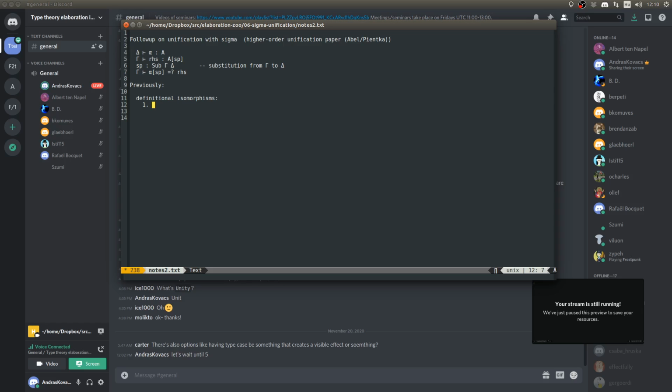One is the axiom of choice, or columnization, which is that if you have a function which takes a in A and returns in a sigma, so B a times C a b, then this is isomorphic to having a function which goes from a in A to B a, together with a function which goes from a in A to C of a, b a.